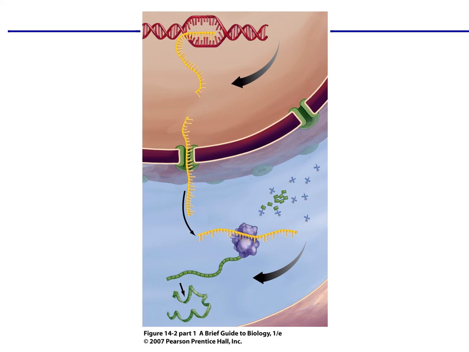So that RNA molecule, which is yellow in this figure, can exit the nucleus and complex with a ribosome. That's the thing that sort of looks like a purple popcorn, and coordinate the building of proteins. So we see the individual green squares there represent amino acids, and they're being strung together in the right order, dictated by the sequence of nucleotides in the RNA, which of course was based on the DNA.